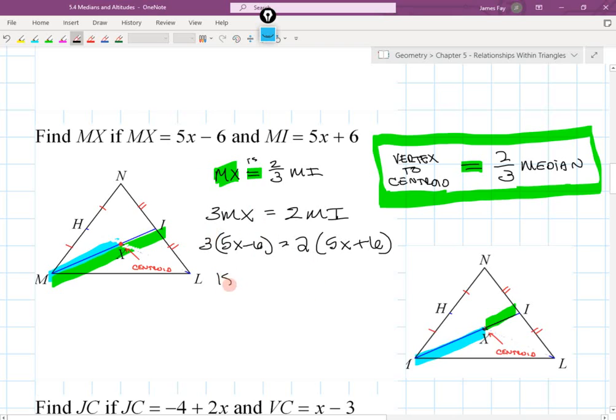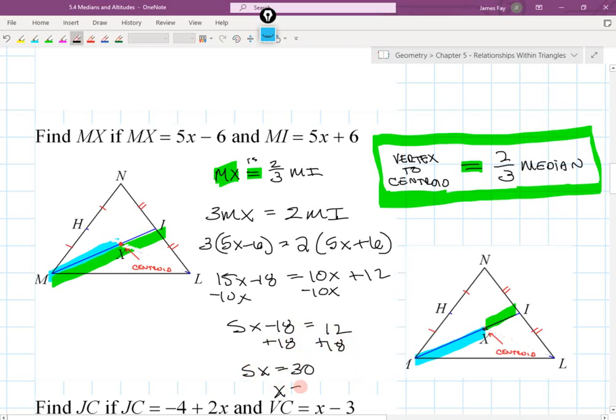Distribute, so you get 15x minus 18 equals 10x plus 12. I'm going to subtract 10x from both sides, so you get 5x minus 18 equals 12. Add 18 to both sides. 5x equals 30. X is 6, right?